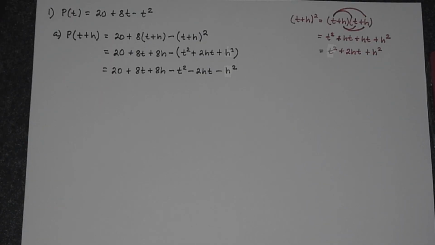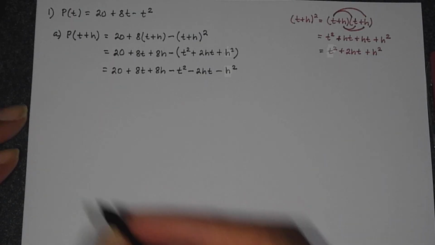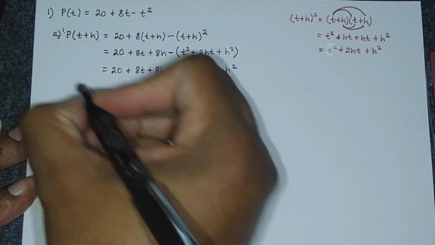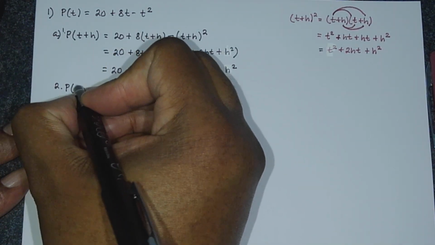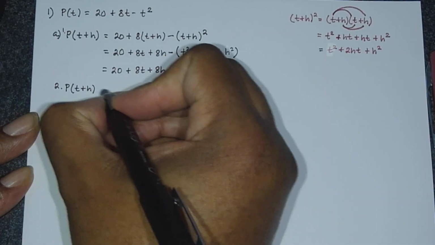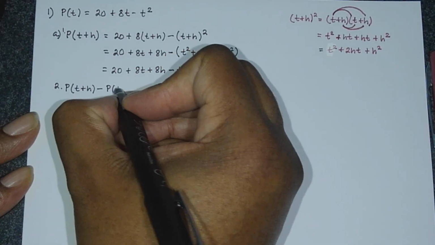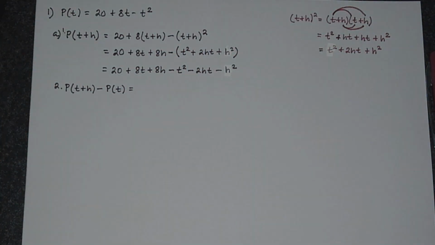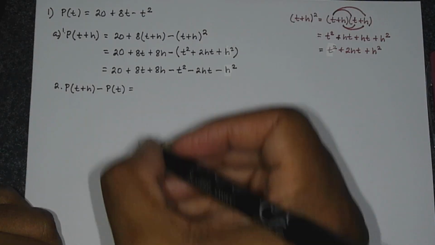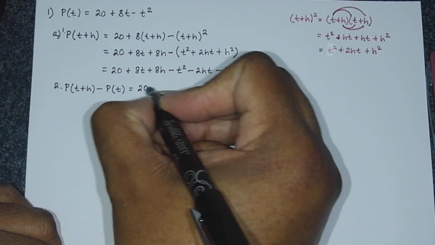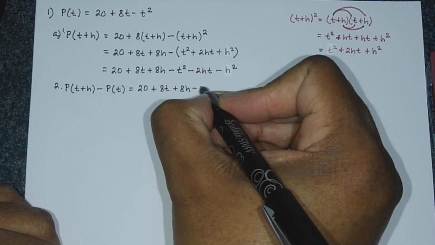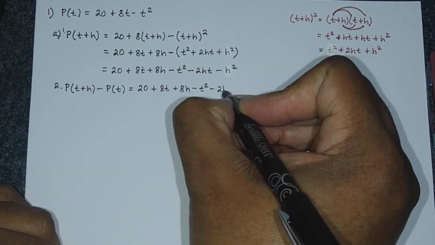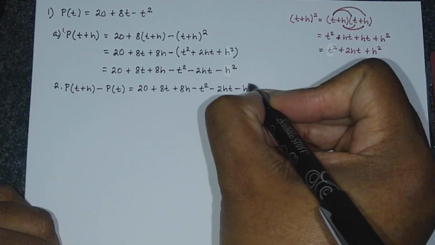Okay, so that part right there is step number 1. Now, step number 2 is doing this, P of T plus H minus P of T. Well, we've done P of T plus H, which is all of this right here: 20 plus 8T plus 8H minus T squared minus 2HT minus H squared.